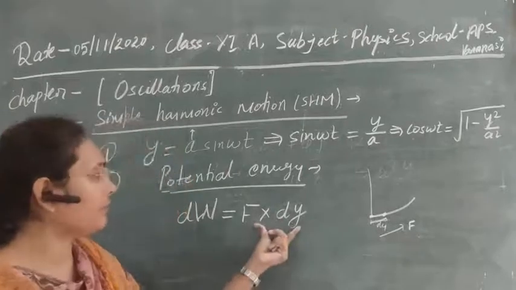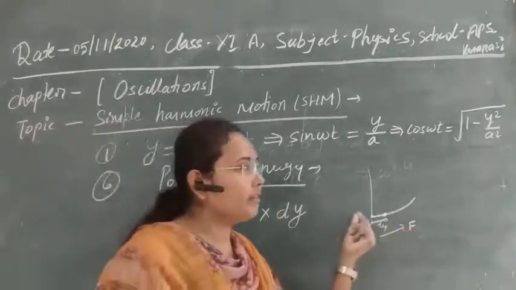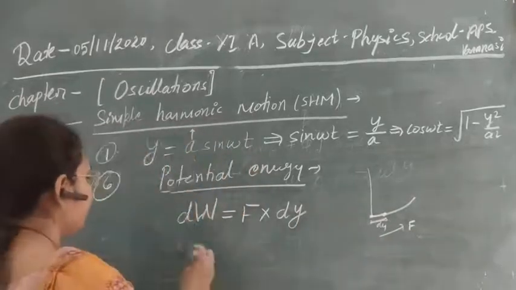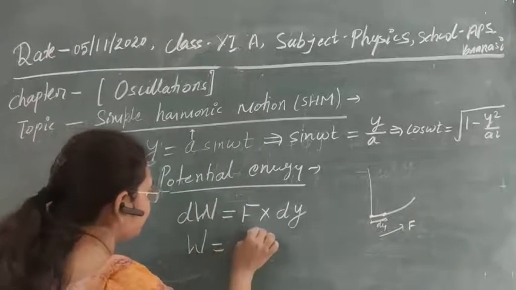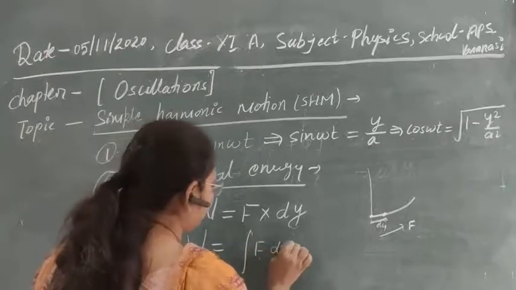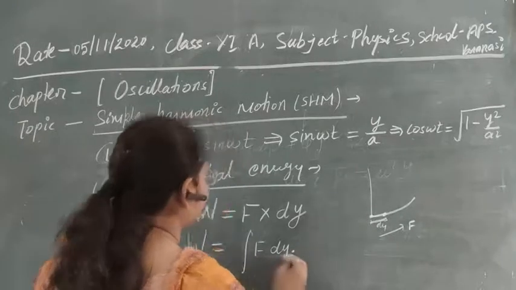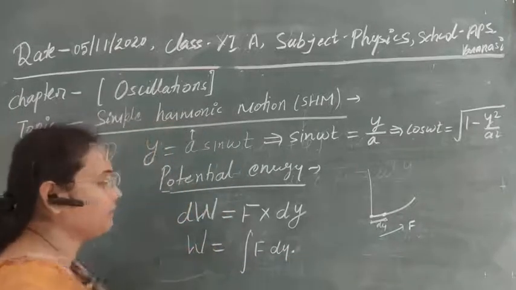That will be equal to F into dy, force into displacement. And if we want to calculate it over the whole way, then we just have to integrate F into dy.